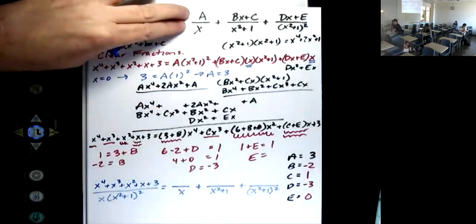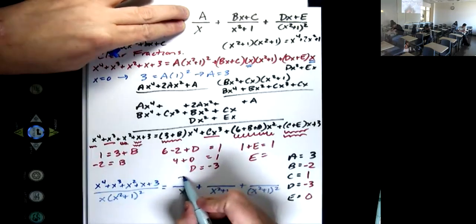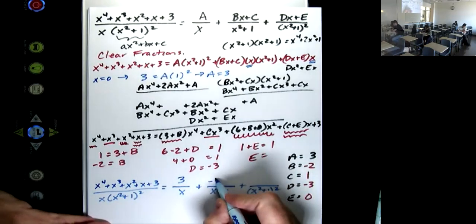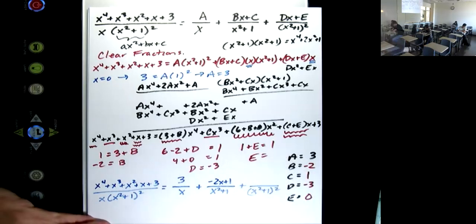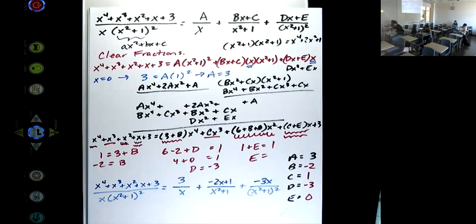I'm just copying down what we had up here. My A is 3. B is -2 and C is 1, gives me -2x plus 1 right here. And D is -3, E is 0, gives me -3x here. So that's how it decomposes.